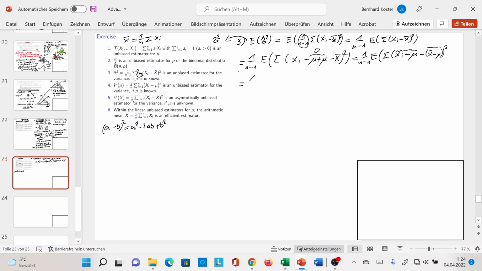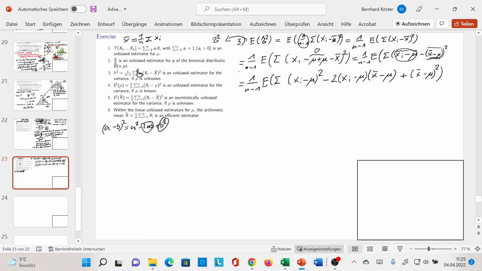We can write this 1 over n minus 1 expected value of sum over the first part, xi minus mu squared, minus now 2ab, 2 times xi minus mu times the second part x bar minus mu, plus b squared, which is x bar minus mu squared.